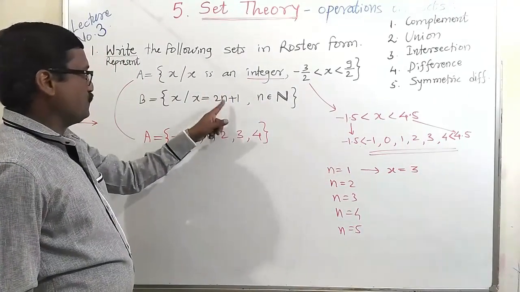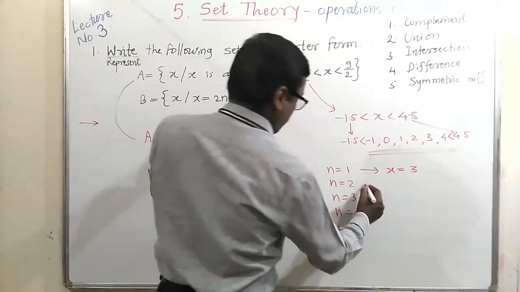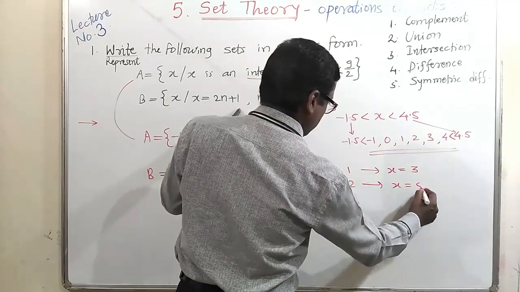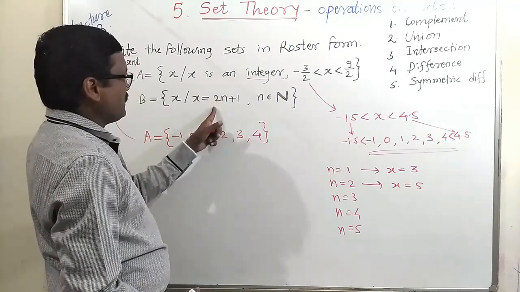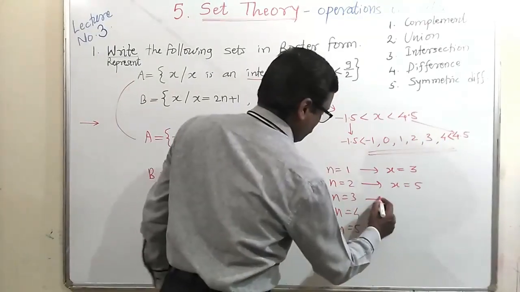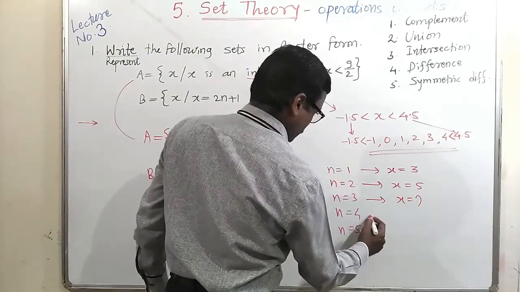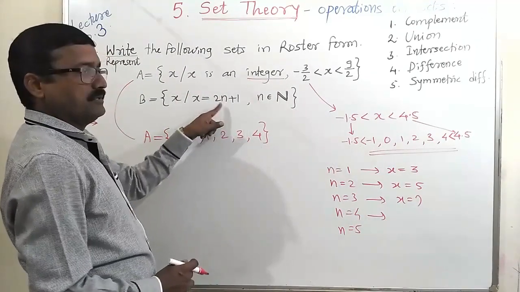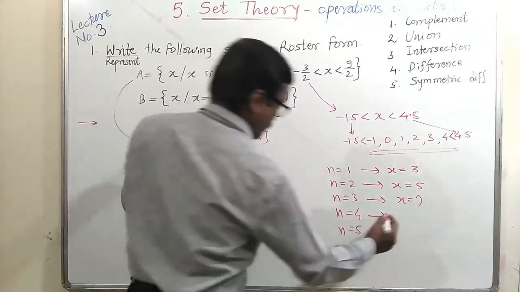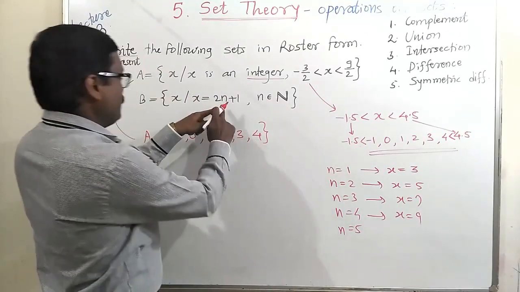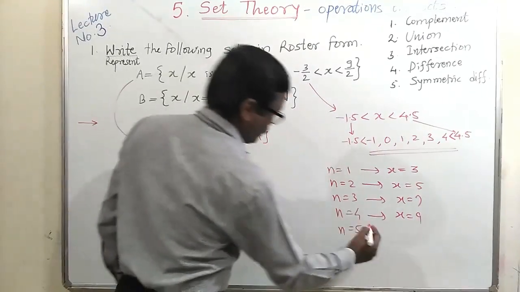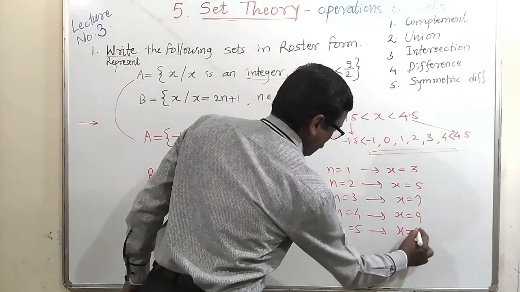When n equal to 2, 2 into 2 is 4, plus 1, that is 5. When n equal to 3, 3 into 2 is 6, 6 plus 1, 7. When n equal to 4, 4 into 2 is 8, 8 plus 1, that is 9. So x equal to 9. When n equal to 5, 5 into 2 is 10, 10 plus 1, that is equal to 11. So x equal to 11.